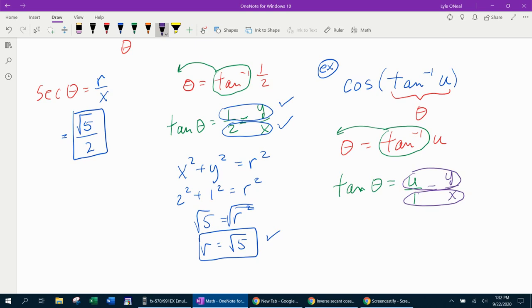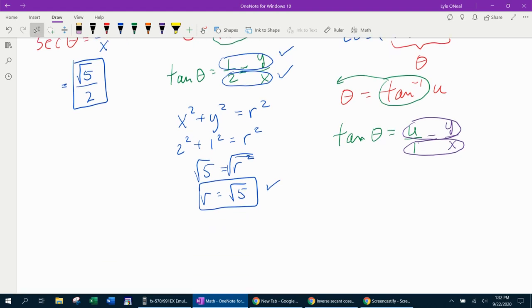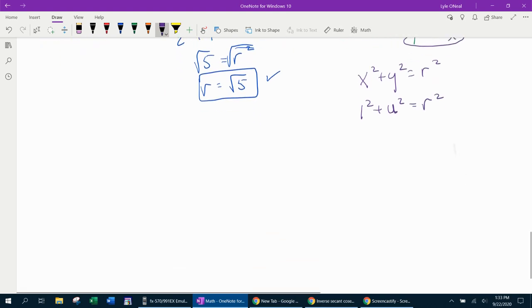And just like I did in the previous example, I'm going to use the Pythagorean theorem to find out what r is. So we're going to have x squared plus y squared equals r squared, which is going to give me 1 squared plus u squared equals r squared.